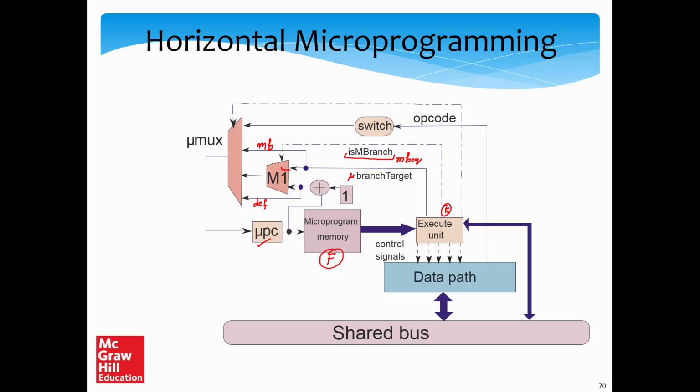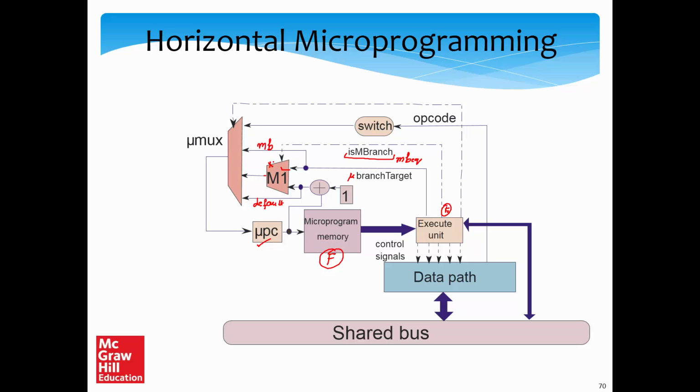Of course, in theory, the M1 mux could have been removed and we could have just had the micro branch target and the default value. It could have been done. We just thought it would make the control circuitry slightly more complicated. This was slightly simpler to design and visualize.